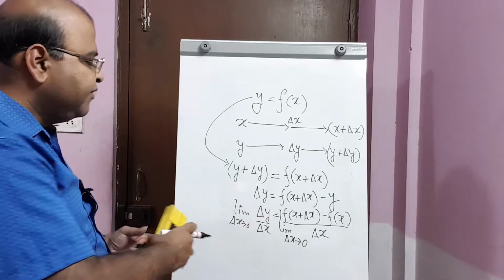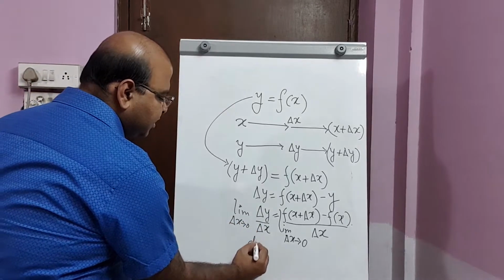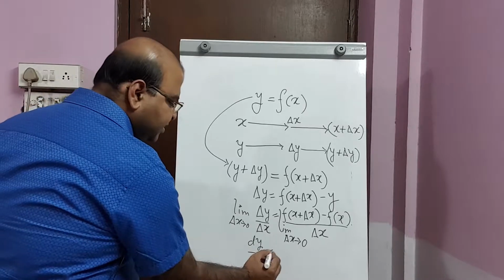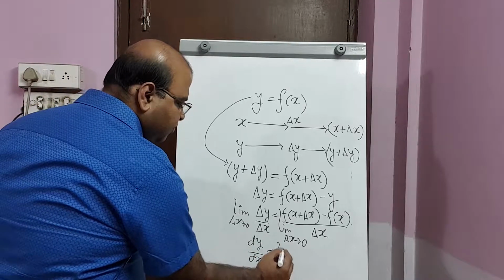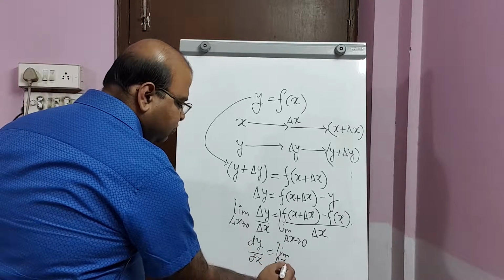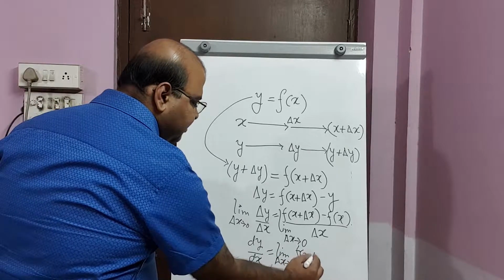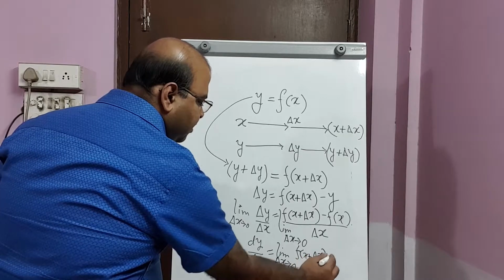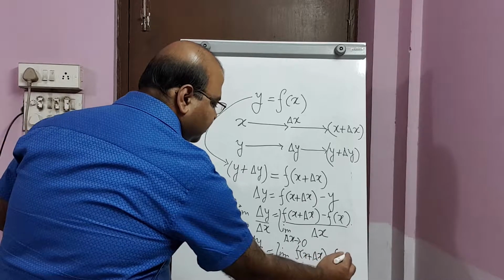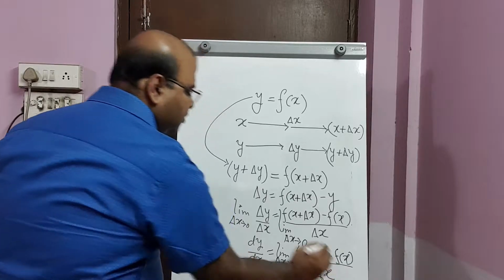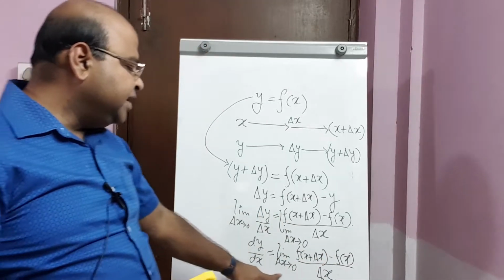So here we have dy/dx, which is thus given by limit of delta x tending to 0, f of x plus delta x minus f(x) divided by delta x. So this is an alternate limiting definition.